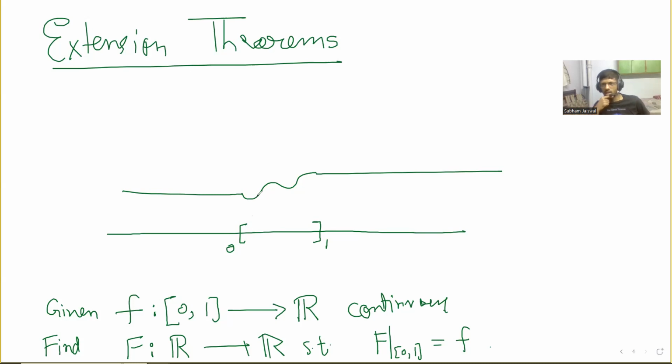Yes, that's certainly an obstruction. Exactly, 1 over x is a counterexample.